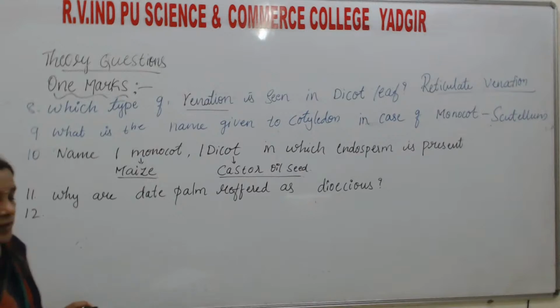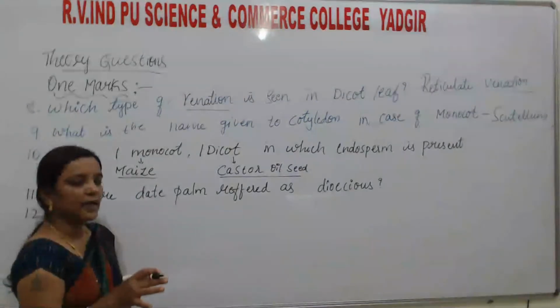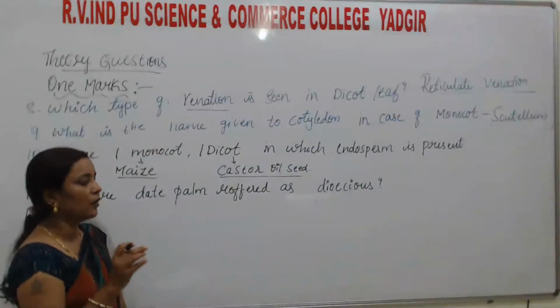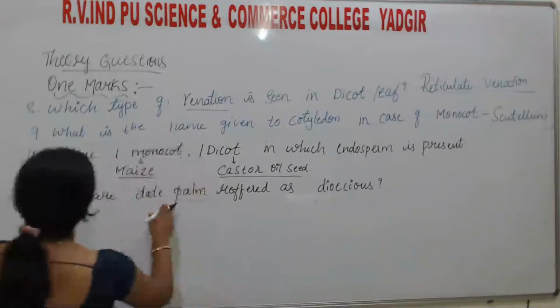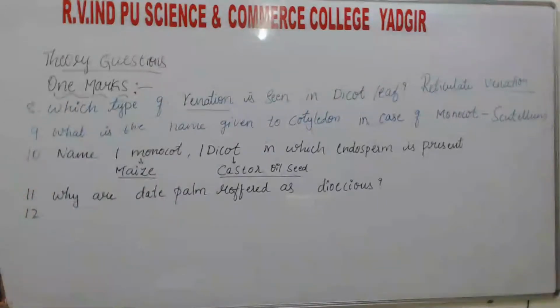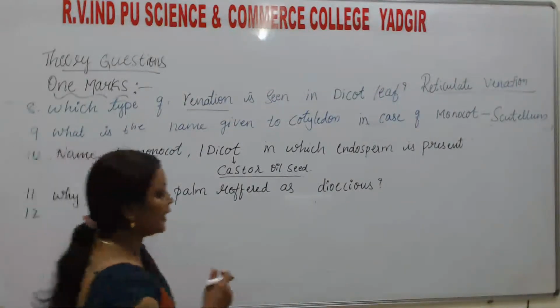Remember, dioecious means plants having only one type of gamete. Here what happened? The plants like Pinus, or it may be coconut, or it may be date palm are called dioecious. In this case, male and female flowers are on different plants.